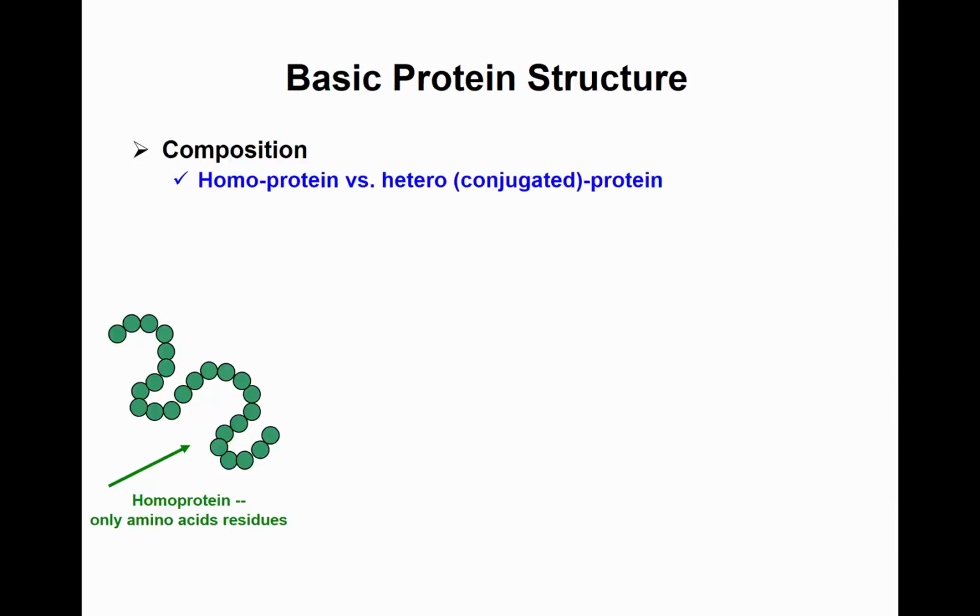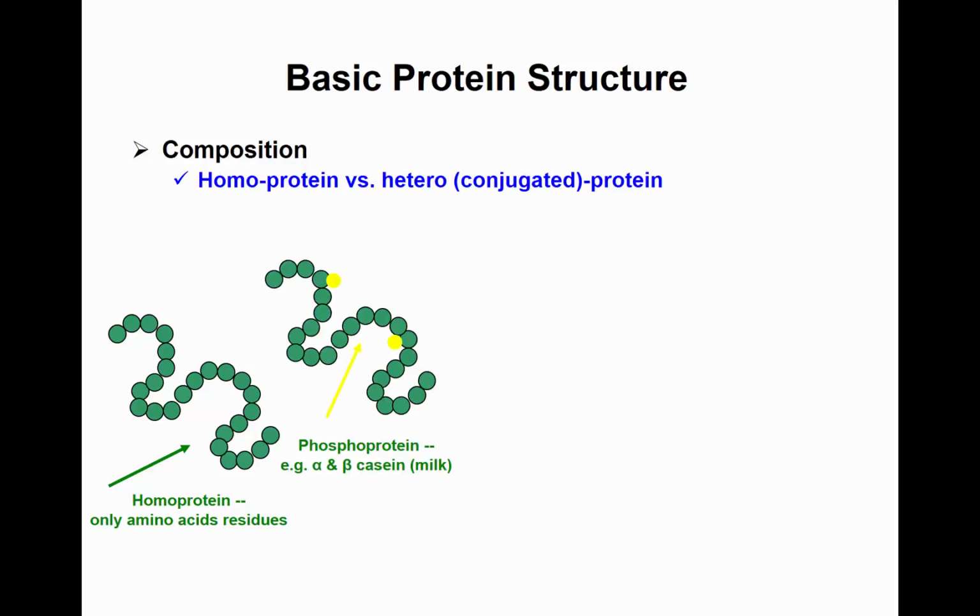Alright, so the composition of a protein: when you hear homoprotein, that means it's only made up of amino acids, your typical protein, such as beta-lactoglobulin. It doesn't have any other groups. Phosphoproteins have phosphate groups associated with them, such as alpha and beta casein.